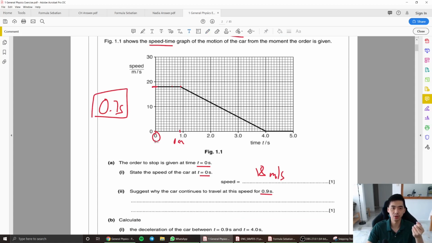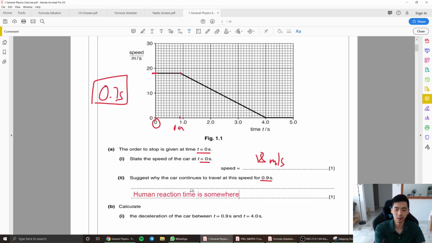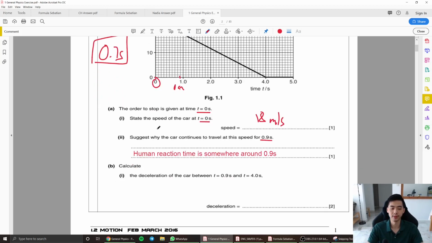So this here is actually going to be a conceptual question. The car continues to travel at this speed for 0.9 seconds because human reaction time is around 0.9 seconds in this context. So basically, he took 0.9 seconds to process the information and his body only started reacting and braking the vehicle here.